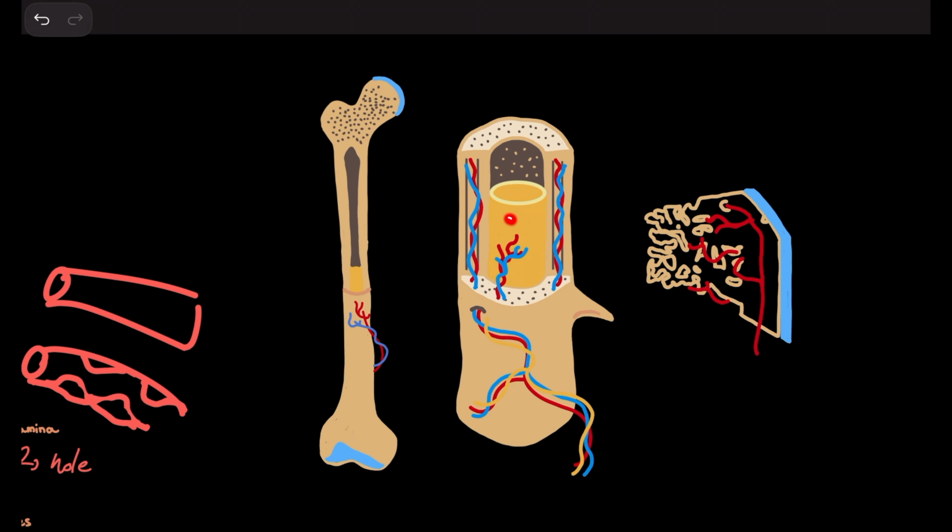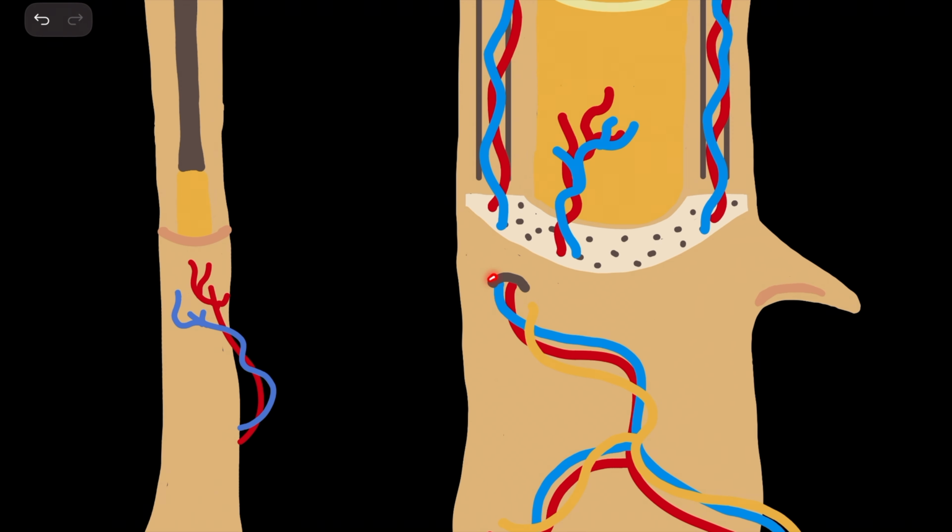This is my yellow marrow filling the nougat center there. And then I have all these vessels supplying the region. How the vessels get into the bone, you have little holes right here. They're spread all throughout, and they're variable from person to person.